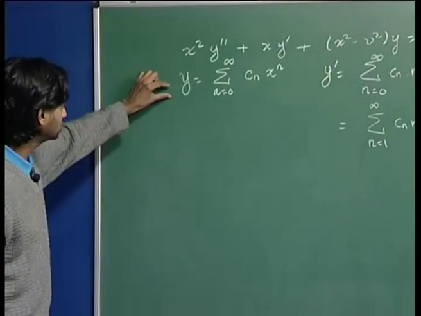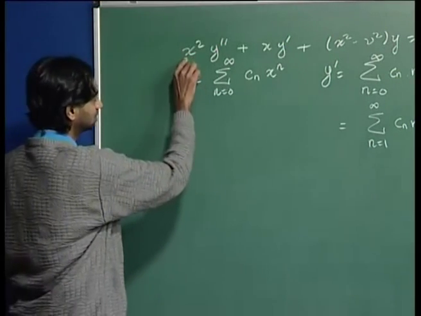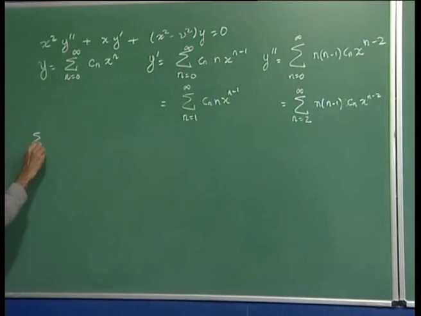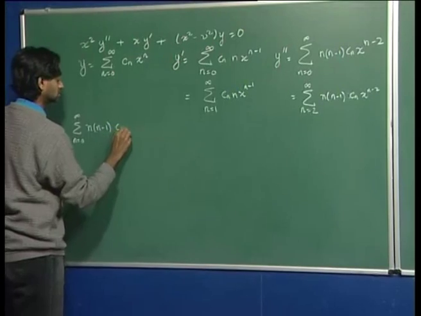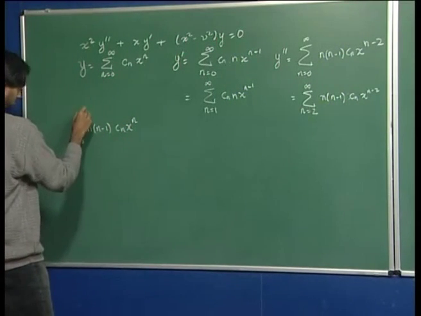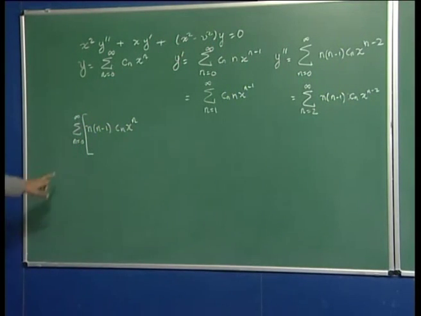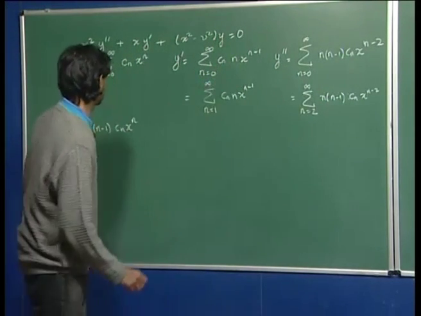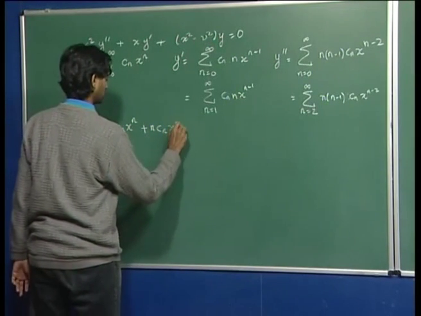Now you take this and substitute in these equations, and what you will get is that the first term, x square y double prime, will give me the sum of n into n minus 1 c n x raised to n. For the second term, I will just take n equal to 0 to infinity common. The second term will give me x y prime, that is n c n x raised to n.